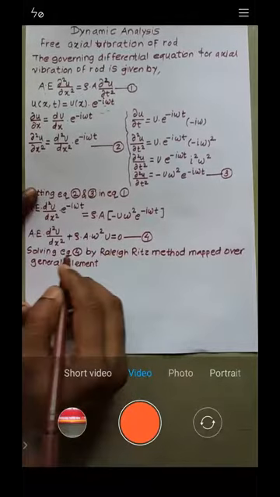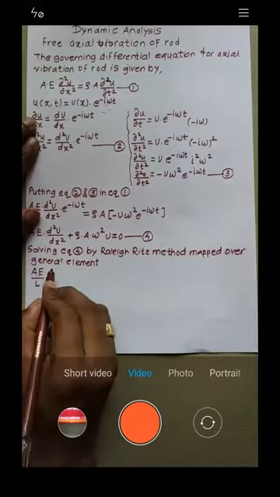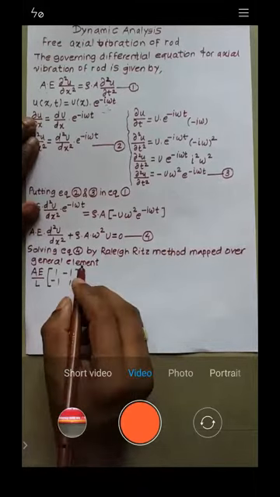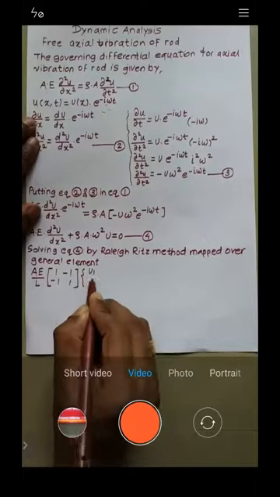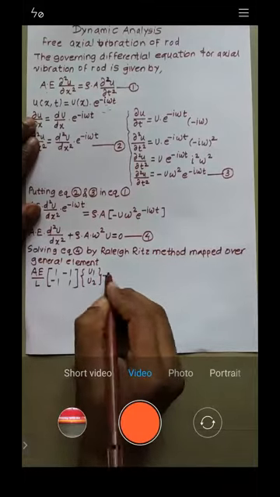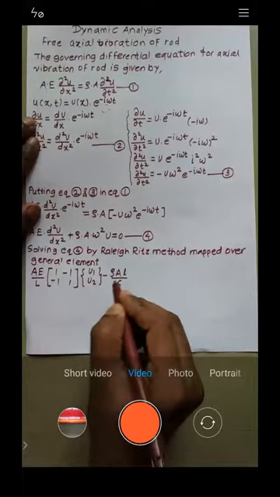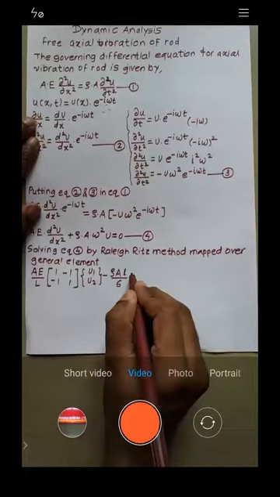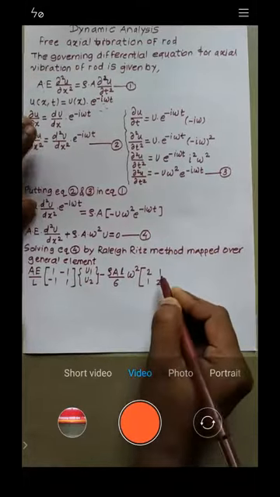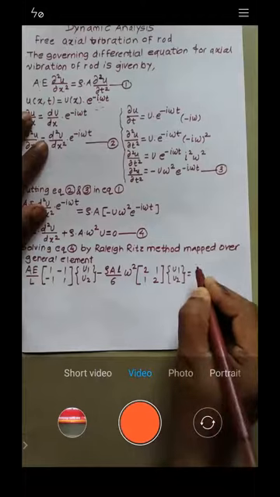When you solve it, the EME takes this form: AE by L times [1 -1; -1 1] times [U1 U2], minus rho A L by 6 times omega square times [2 1; 1 2] times [U1 U2], is given by [F1 F2].